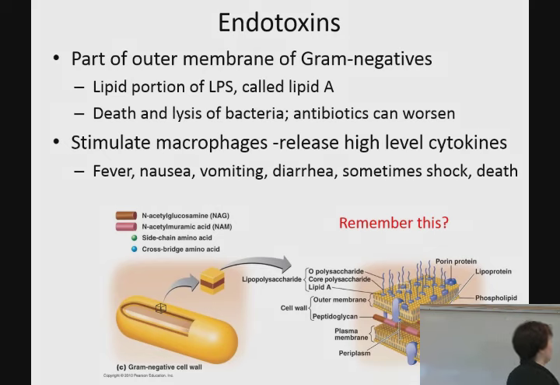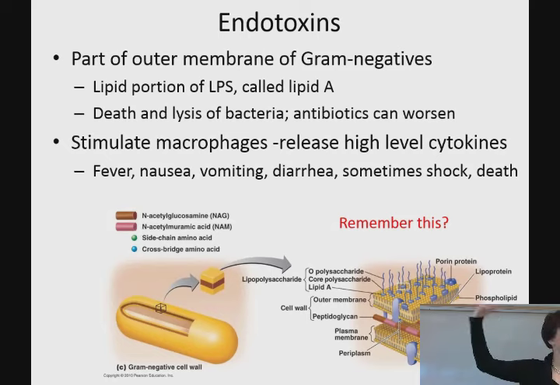Endotoxins have this effect because they stimulate macrophages, which we haven't talked about yet, but they're basically a type of white blood cell that is important. It roams through your body looking for stuff that shouldn't be there and engulfs it. Endotoxins stimulate those macrophages to release high levels of cytokines, which I just defined like 2 seconds ago as chemicals released by the immune cells. They're like chemical messages that the immune cell sends out when it sees something's wrong.